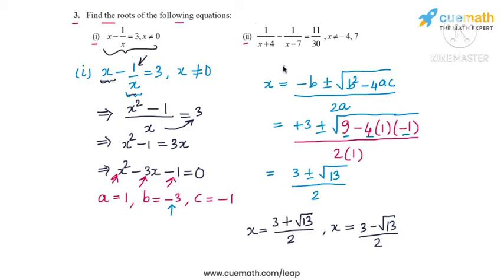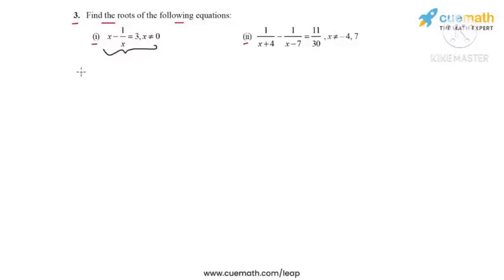Now let's find the values of x which satisfy the equation in part 2. In part 2, the equation is 1/(x + 4) − 1/(x − 7) = 11/30, and we're told that x is not equal to −4 or 7, because if x equals −4, then the first term will become undefined, because the denominator becomes 0, and if x is equal to 7, then the second term will become undefined, because the denominator x − 7 will become 0.